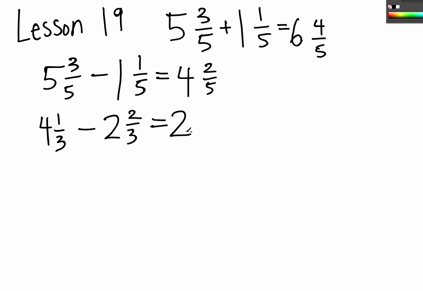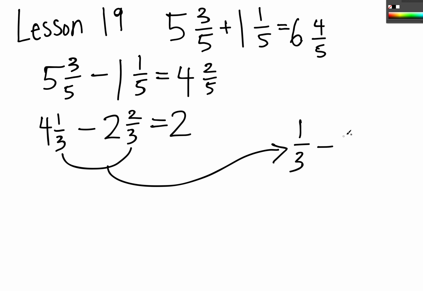However, when it comes to our fractions, we're going to take both of these and pull them over here so we can look at it more closely. If I take 1/3 and subtract 2/3, I don't know if I can do that.